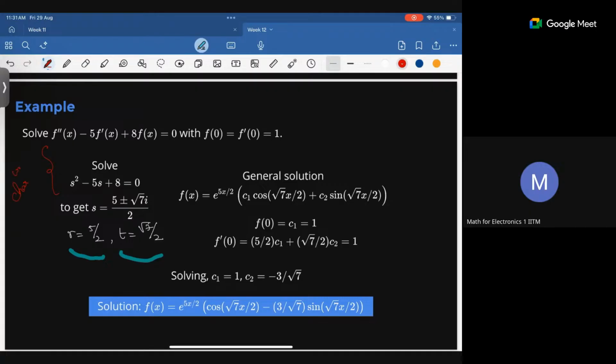Once you write down the characteristic equation, the second step is to solve the characteristic equation.